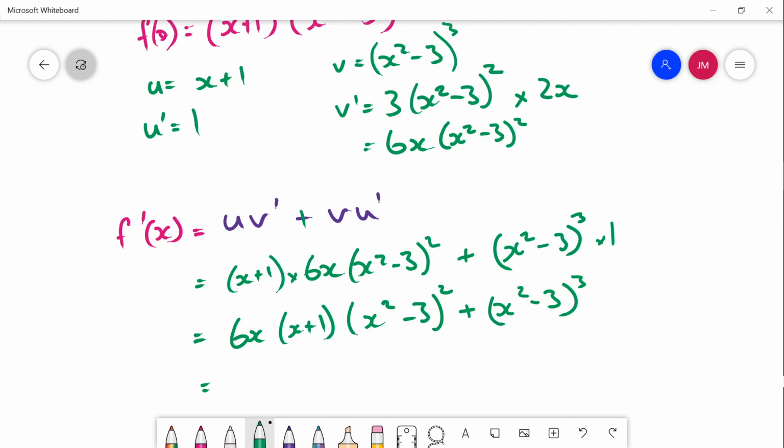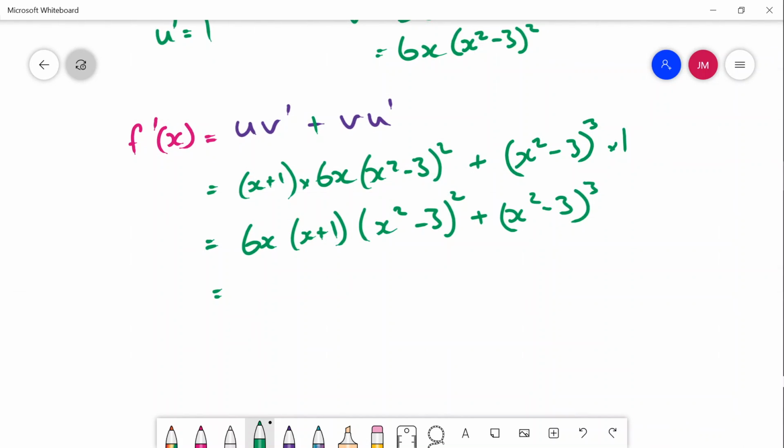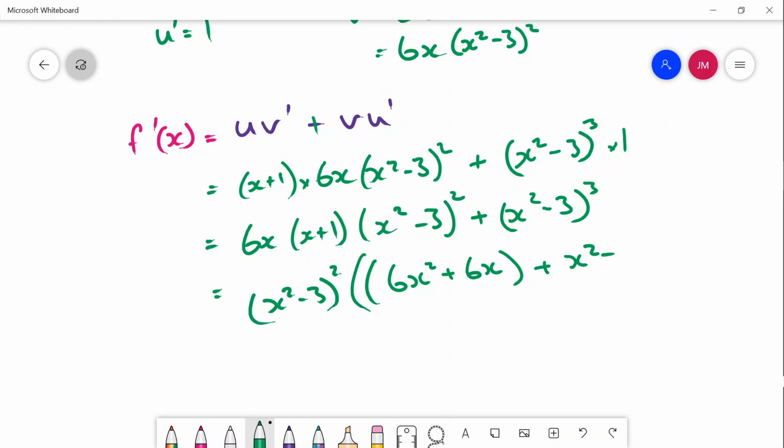I could even take a common factor out there if I wanted to. I would have x squared minus 3 all squared out the front, and that would go into this 6x squared plus 6x, and I'd have plus x squared minus 3, which, tidying that up again, I would have x squared minus 3 all squared times the bracket.